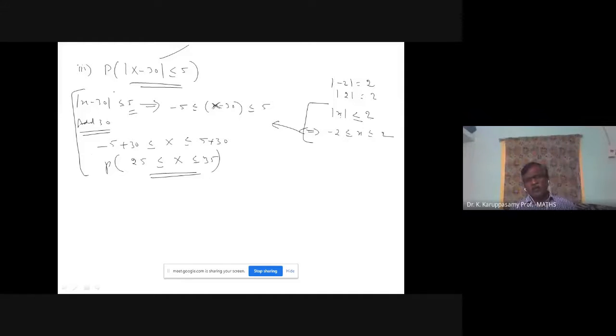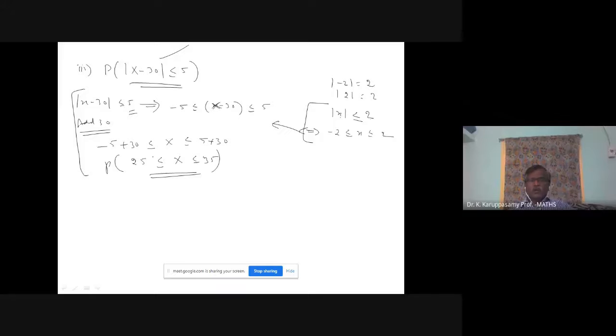How to remove modulus? Modulus less than or equal to 5 means x minus 30 lies between minus 5 and plus 5. Then you add 30 to all three terms, and you get this one.